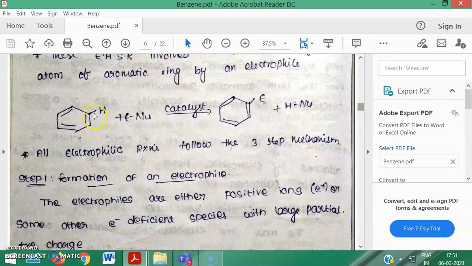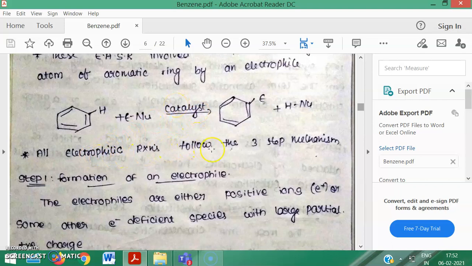See like this: one of the hydrogen atoms present on the benzene is replaced by the electrophile. In the presence of a catalyst it can take place.